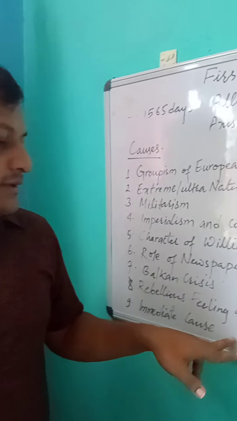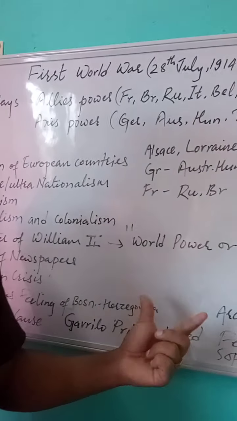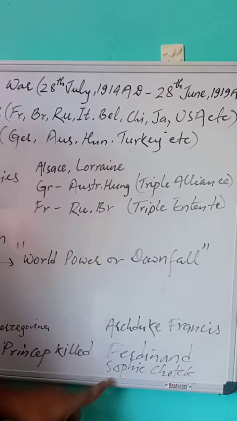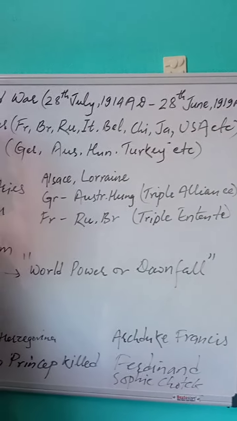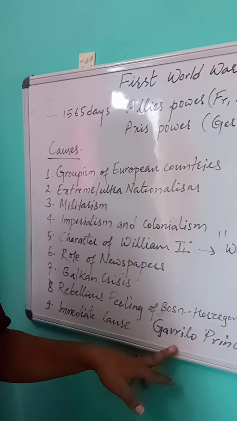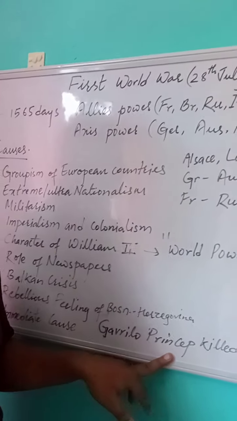The reason was that the prince from Austria, Archduke Francis, and his wife Sophie Chotek were on a visit to Sarajevo, the capital of Bosnia. When they were on the visit, they were shot dead by a Bosnian 19-year-old student named Gavrilo Princip.